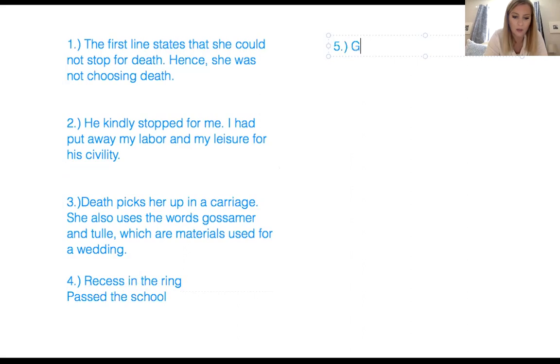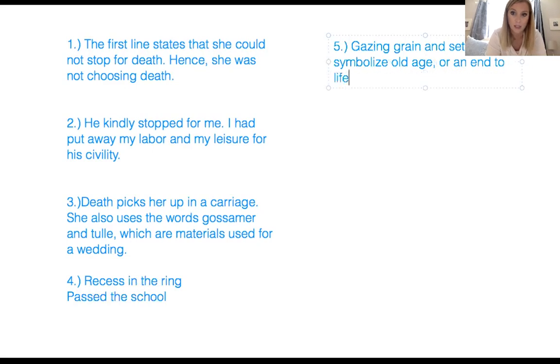We talked about how the gazing grain, notice I'm just writing in phrases, not complete sentences, to go quicker. Gazing grain and setting sun symbolize old age or an end to life, right? We discussed that.